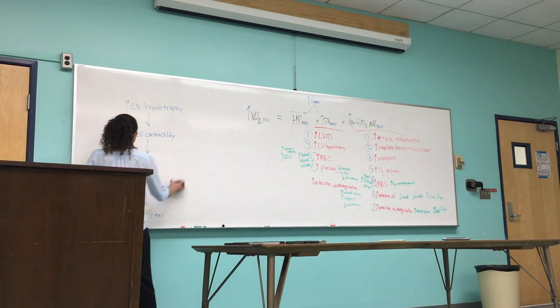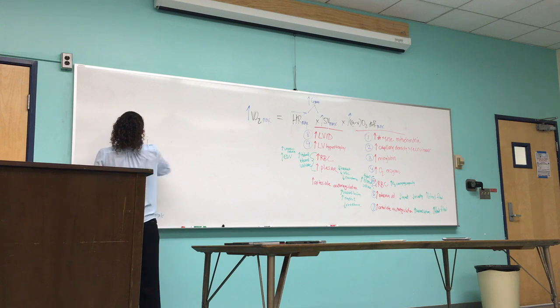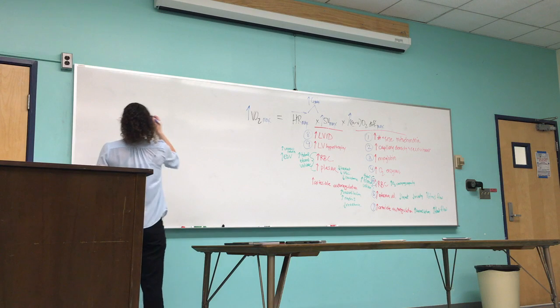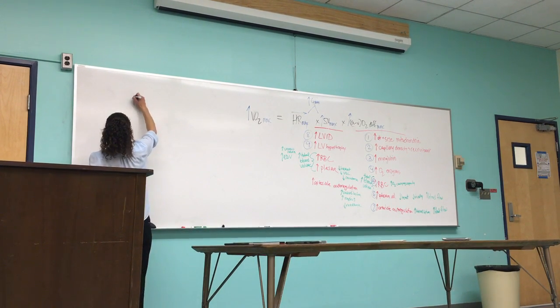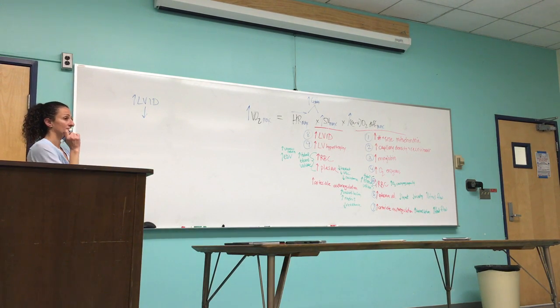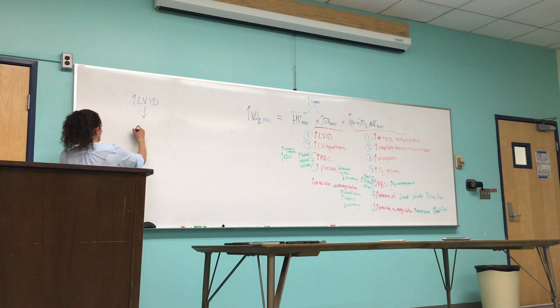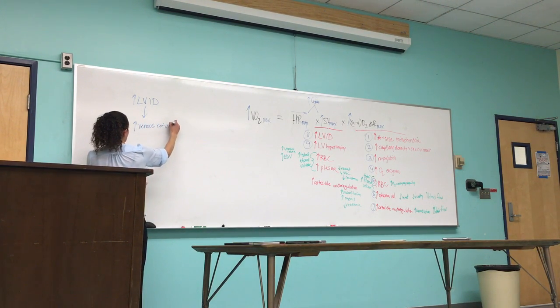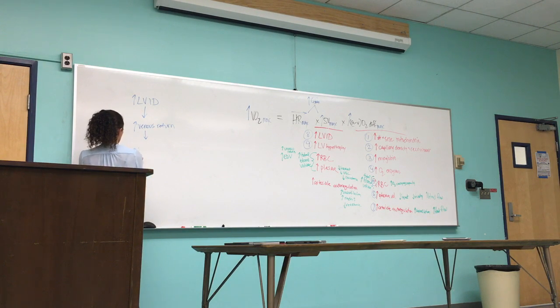Let's do increased left ventricular internal diameter. How does that help us? Increasing venous return, which would increase diastolic filling.